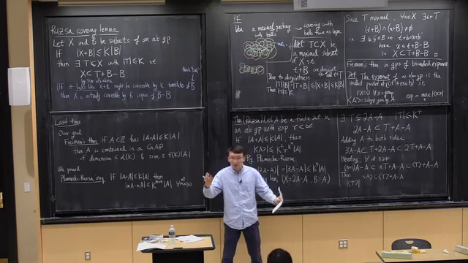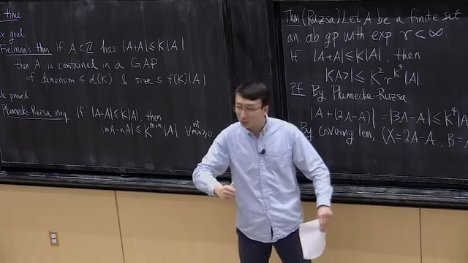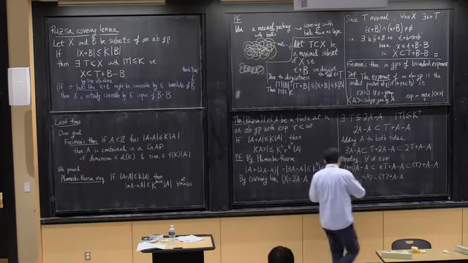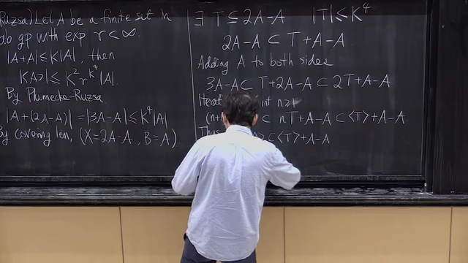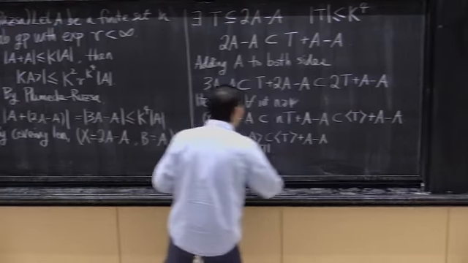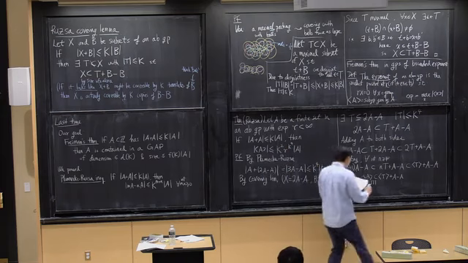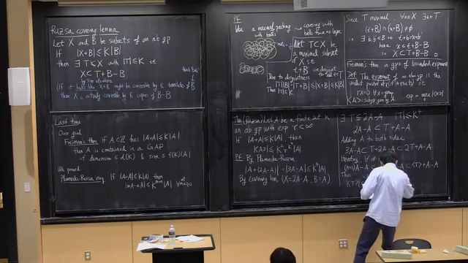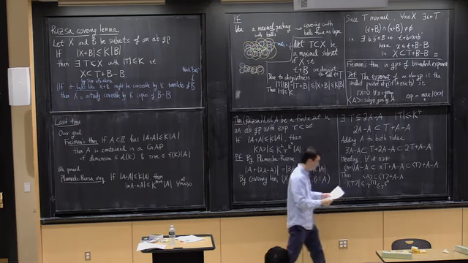At most 2 raised to the size of T. In general, the subgroup generated by T has size at most R raised to the size of T in a group of exponent R, which we can control because T has bounded size.